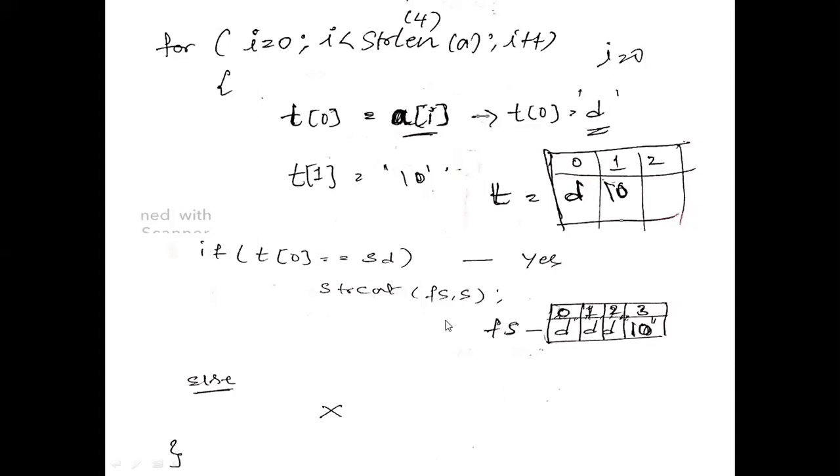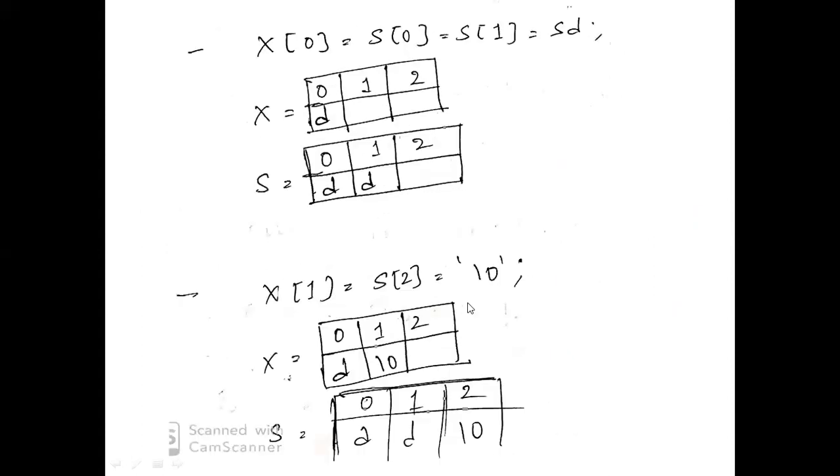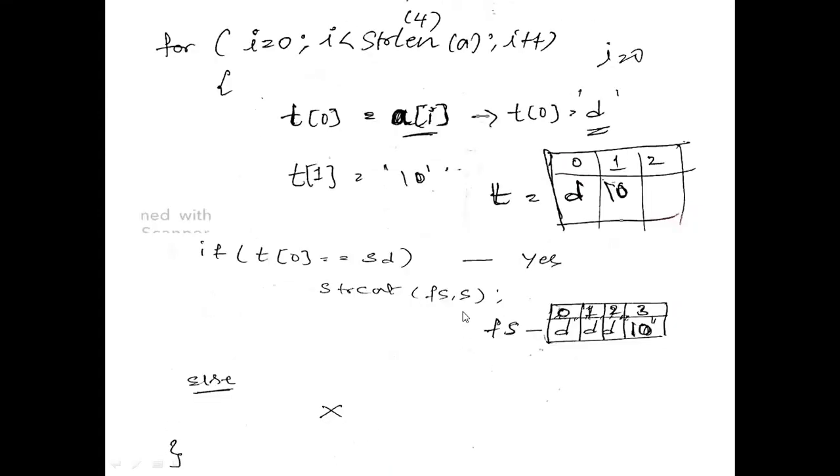So if that is the case, you are appending s to fs. What is s? As you can see, the s variable turns out to be a string of two d's. That's what you are concatenating, or in this case appending.